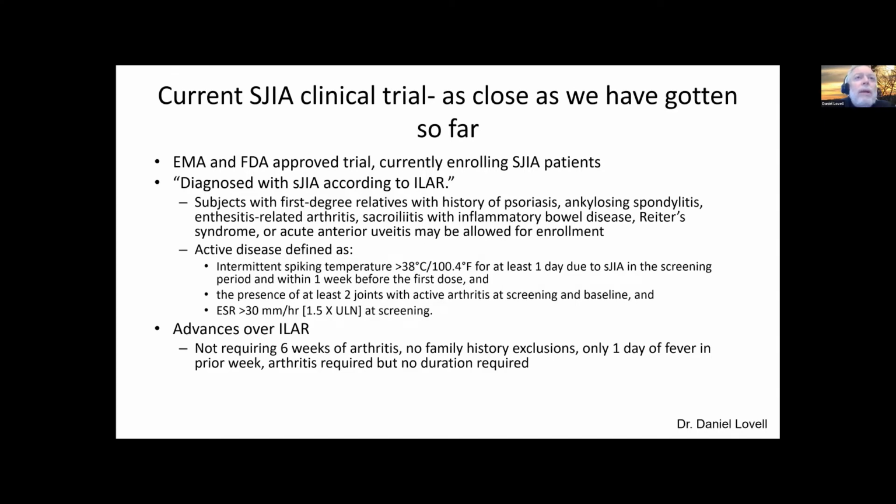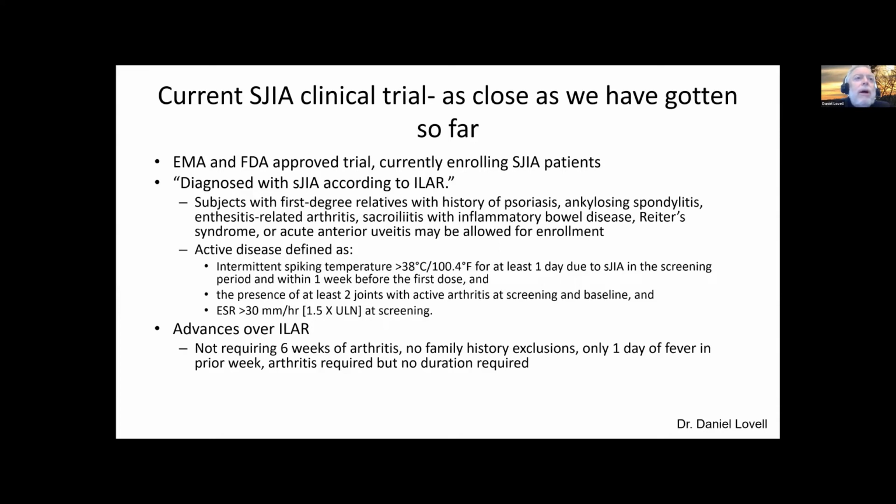And then the other criteria is that there be spiking fever for at least 1 day due to systemic JIA in the screening period and before the first dose. It still requires the presence of arthritis in at least 2 joints at screening and baseline, and they have to have elevated erythrocyte sedimentation rate as part of the protocol to include patients who have active disease.